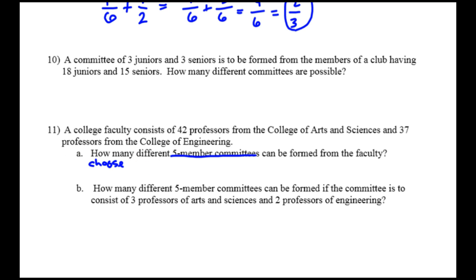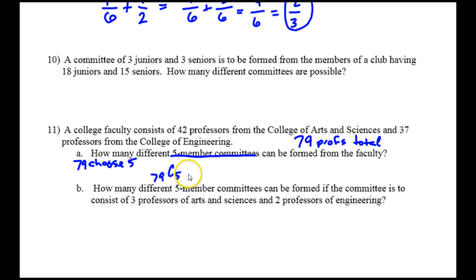So, the first thing we have to establish is, how many members of the faculty are there? We've got 42 and 37, so altogether that looks like 79 total professors. Let's write that down. 79 professors. And I want, of those 79, to choose 5. So it's 79 choose 5. And we've expressed that with combination notation as 79 C 5.